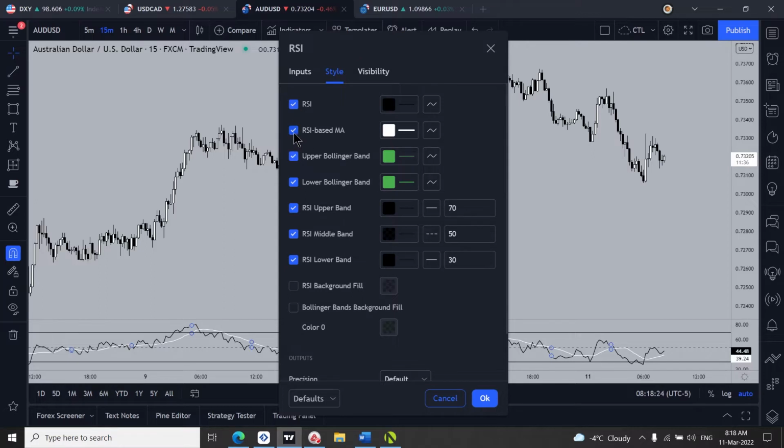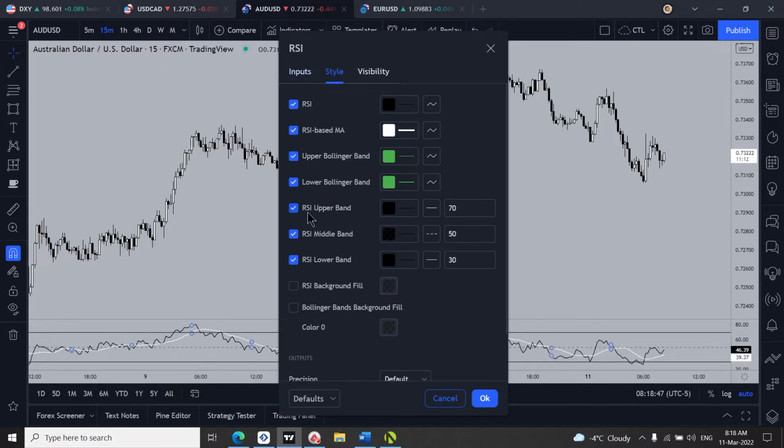The next line is going to be a moving average based on that RSI right there. And then they also have an option for Bollinger Bands, which I'll show you in a second. They have the RSI upper band and the lower band. So this is going to be your overbought and oversold signals. And then you have your 50% line down the center.